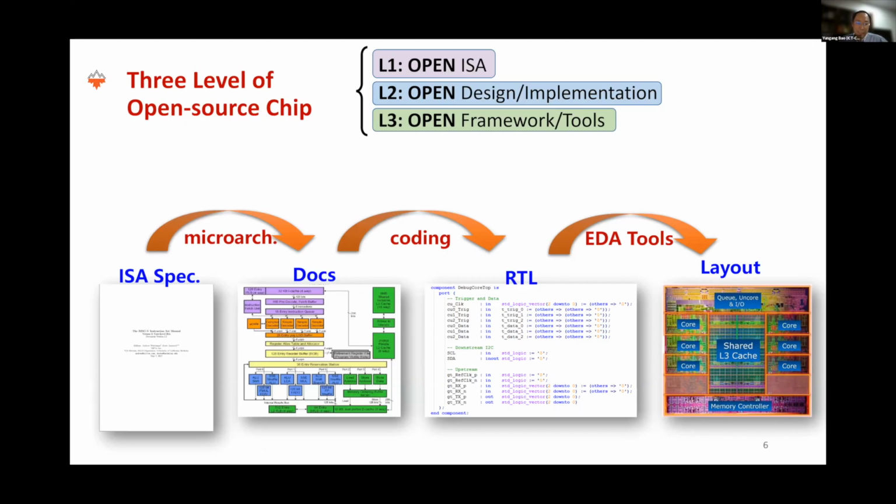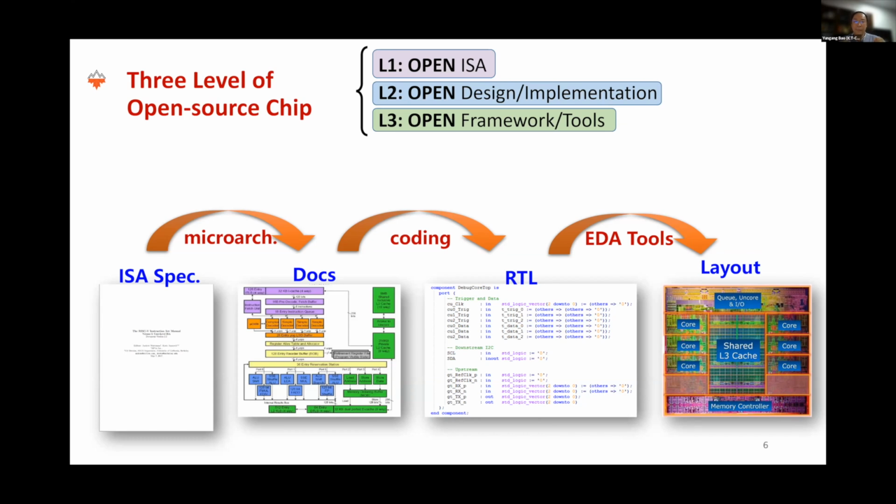First, we need an instruction set specification, and then we do microarchitecture design to get a document, and then we do encoding and engineering to get the RTL code, and finally we use EDA tools to generate a layout, for example, a GDS2 layout, and then send the layout to the foundry. This is a typical chip design flow.